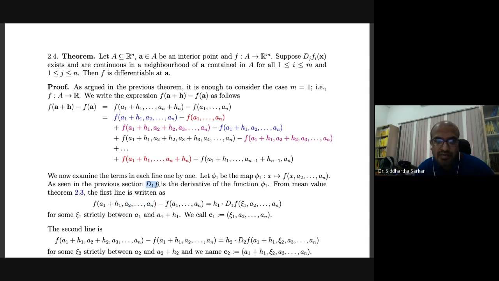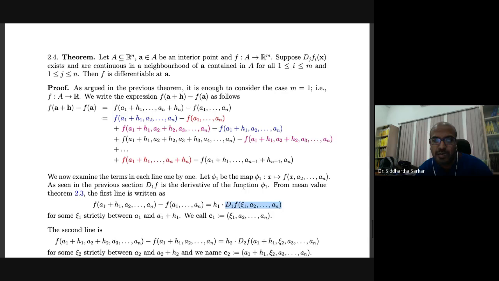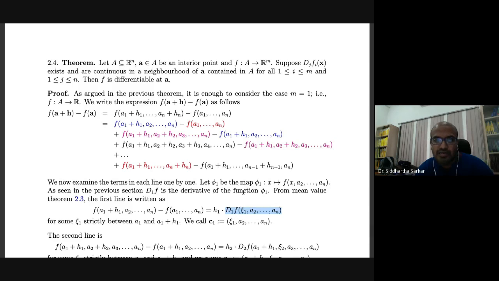So if I guarantee that d1f exists, then I should be able to write this, but wait, you need a little bit more. d1f exists, and where am I using the continuity of this? So you are basically assuming that d1f(x) exists and is continuous in some neighborhood.